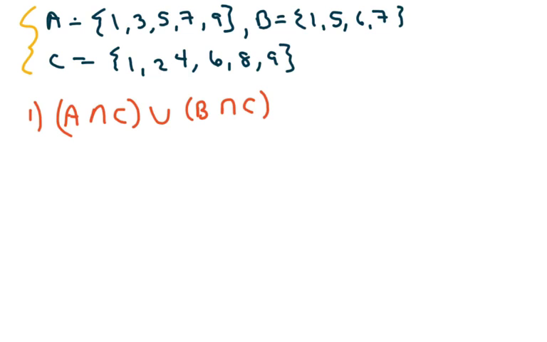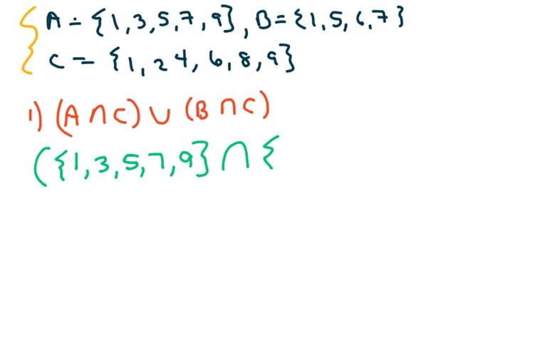I'm going to use parentheses here and then write my set A, and intersect it with C, which is 1, 2, 4, 6, 8, and 9.